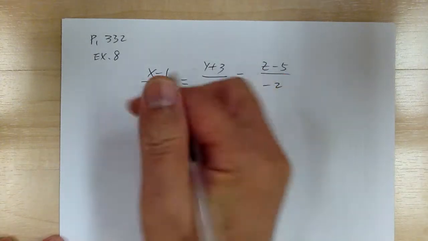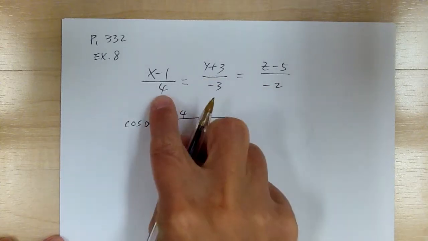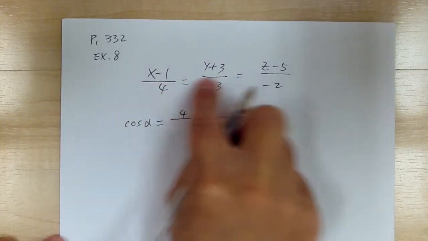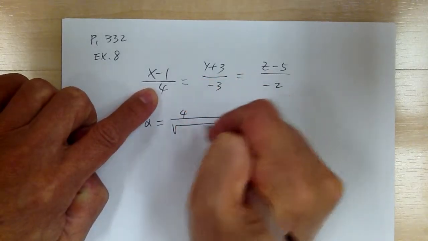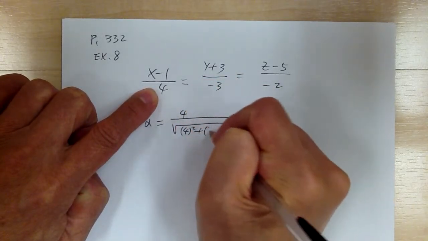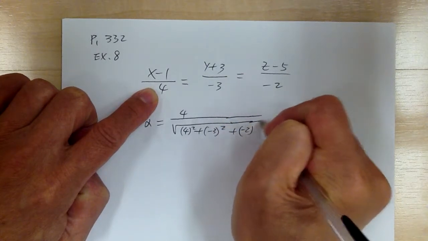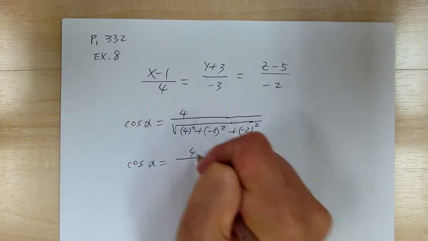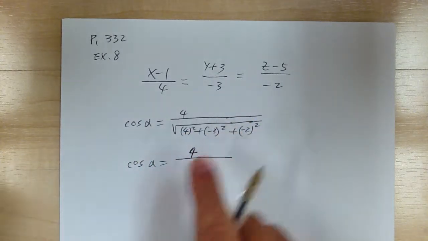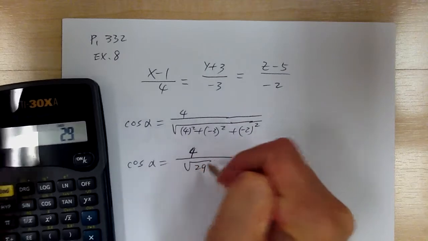So what you can do is, cosine alpha is going to be equal to 4 over, right? So again, this is your direction number. That's what's going to be the key. Divided by the length. So it would be the square root of 4 squared plus negative 3 squared plus negative 2 squared, right? So cosine alpha equals 4 over, okay, you can get your calculator, work it out, the square root of 29.